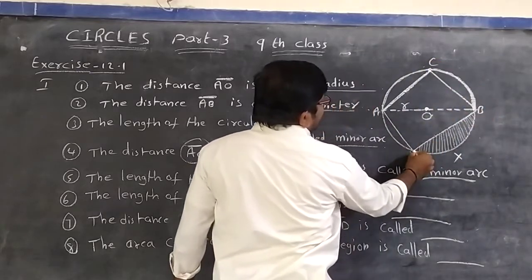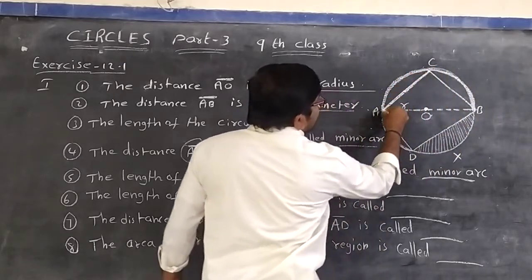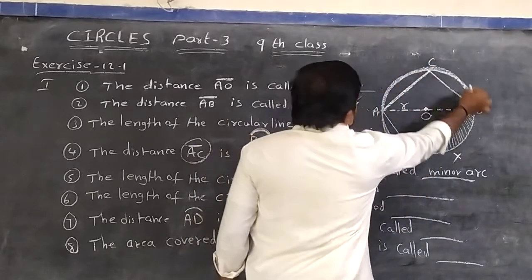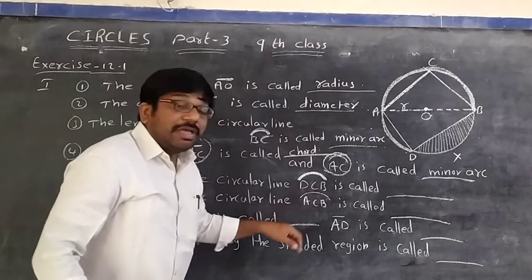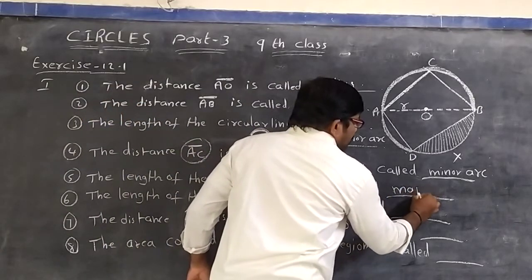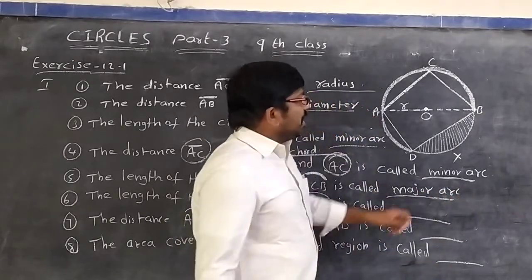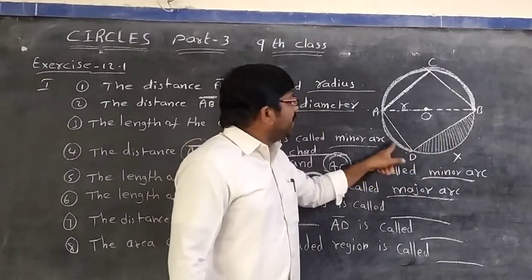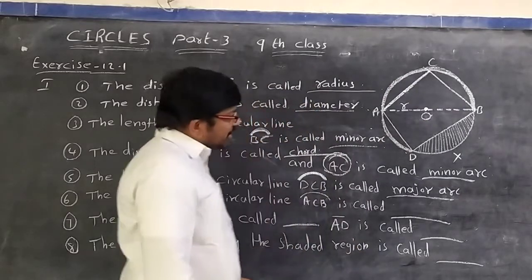Observe carefully, DCB is a major arc. So DCB, the length of the arc, represents a major arc. If the arc is small, that is called a minor arc. If the arc is very large, then that is called a major arc.